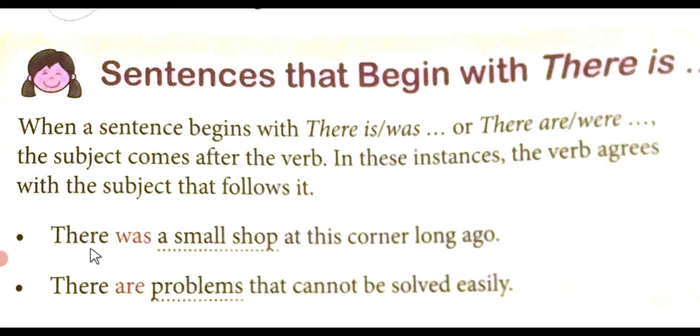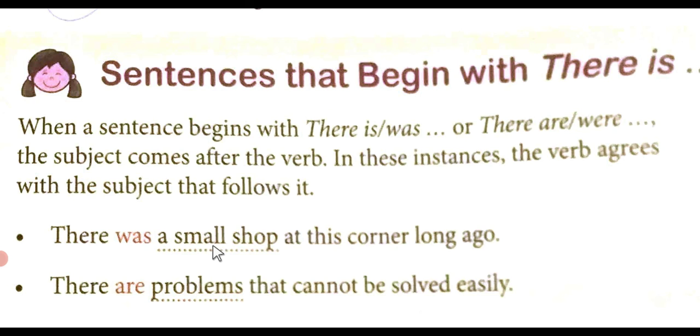For example, there was a small shop at this corner long ago. So, a small shop. In these cases, the verb agrees with the subject that follows it. So, the verb comes first and the subjects come afterwards.